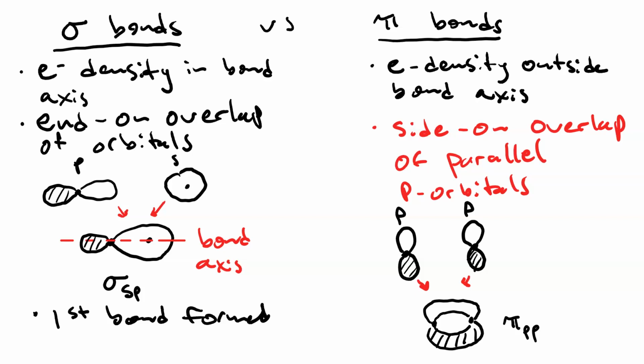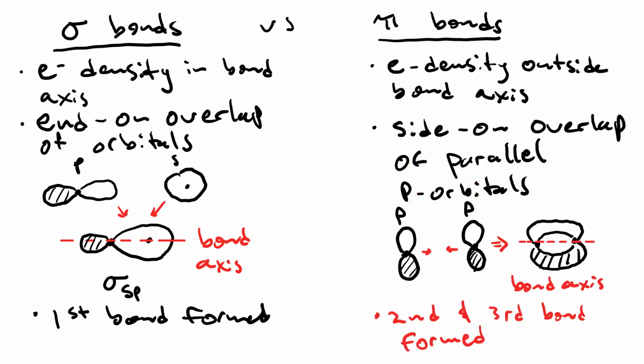It has two lobes of electron density, one here above the bond axis, and the other down here below the bond axis. And you can see that neither lobe of electron density is in the bond axis, they're both outside. Finally, pi bonds are never the first bond formed, but rather the second bond and/or the third bond.